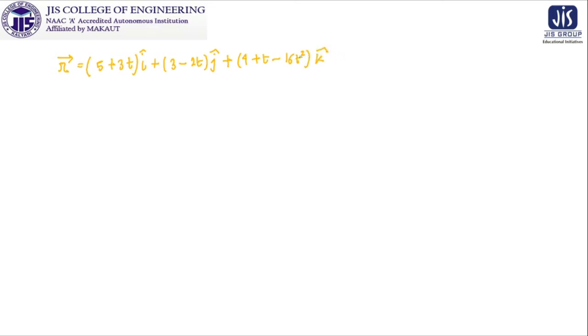This is our given thing. The question is, find d²r/dt², that means the double derivative of this vector with respect to t. Clear? So how to find it?